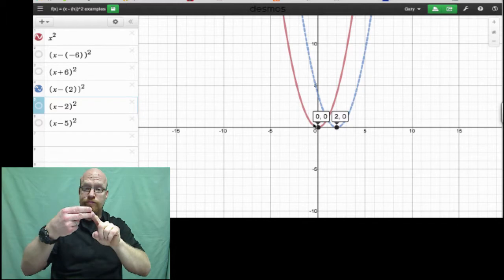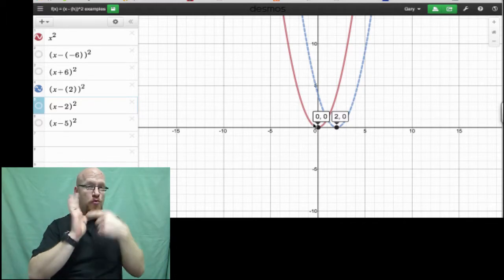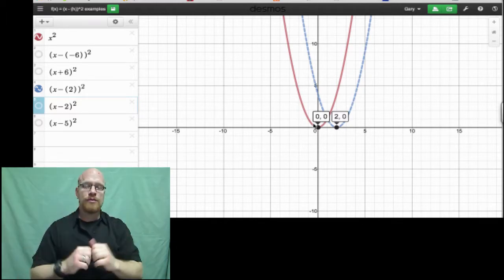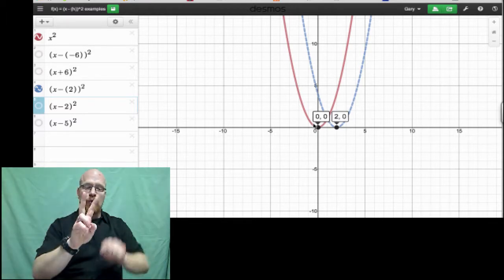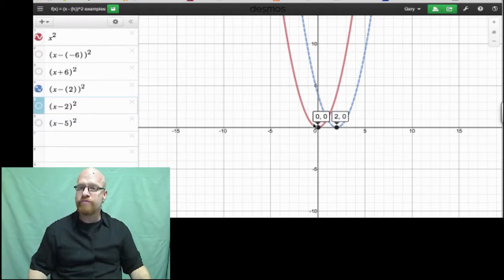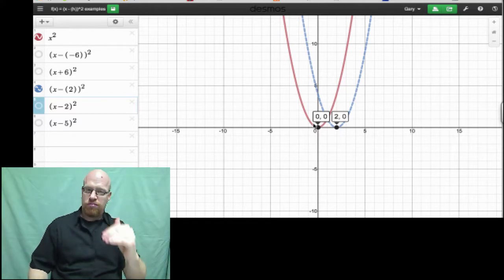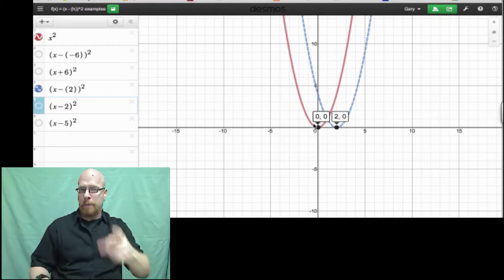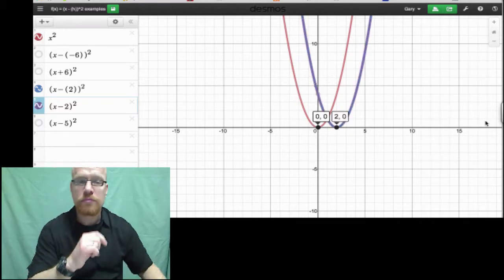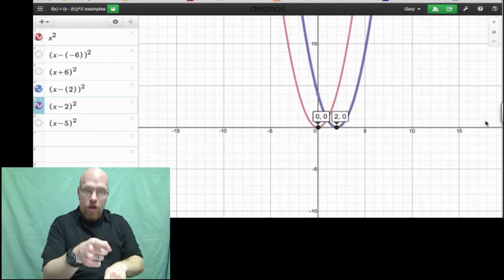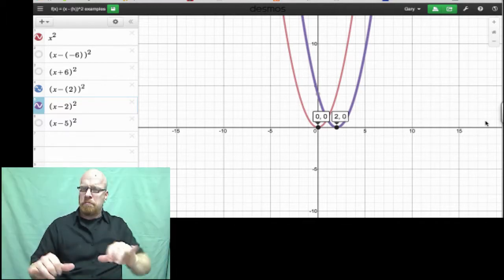The blue dotted line, h, remember, is positive 2 in this. It looks like x minus 2, but it's x minus a positive 2. So it moved 2 units to the right. And when I turned on the other graph, the purple graph, it was the same graph.